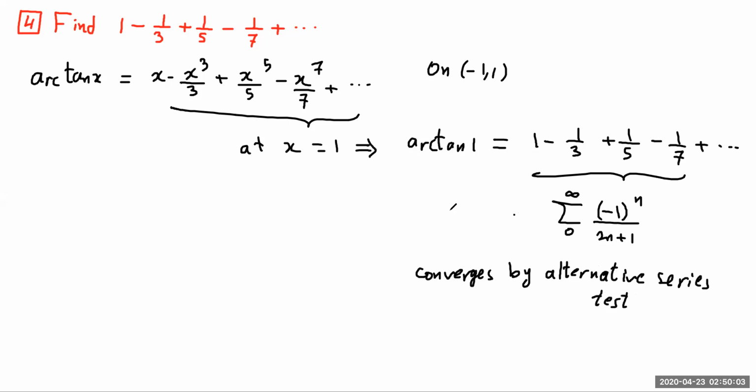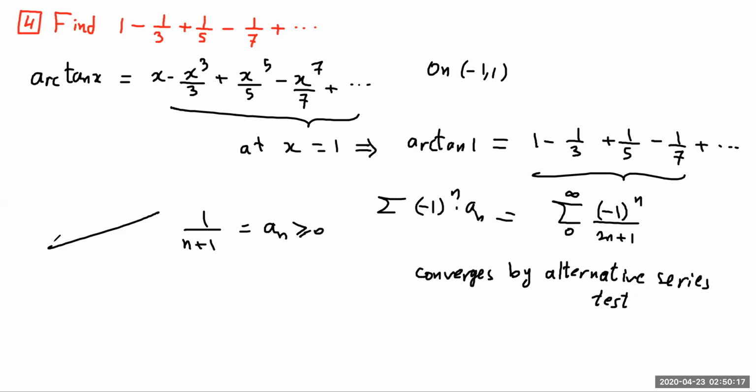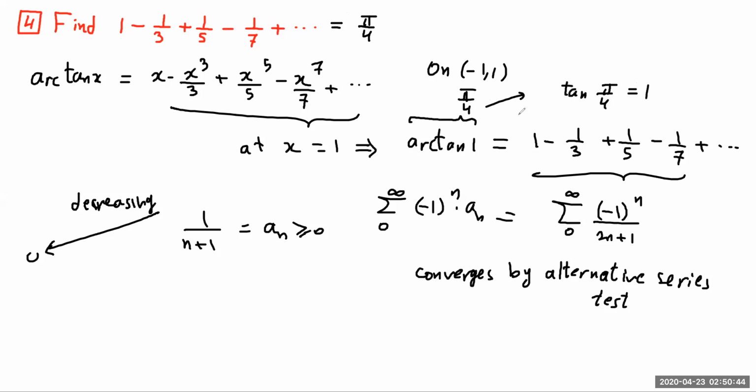Because this is the sum of (-1)^n times a_n, and the function a_n, which is 1 over (2n + 1), satisfies all the conditions: it's positive, approaches 0, and is decreasing. So what is arctangent 1? Arctangent 1 is pi over 4. So my answer is pi over 4. Why is it pi over 4? Because tangent of pi over 4 is 1.